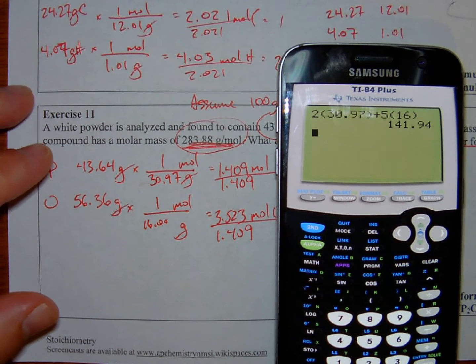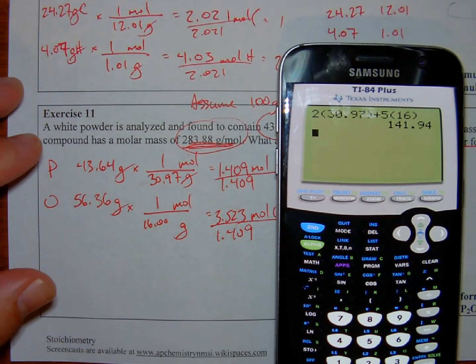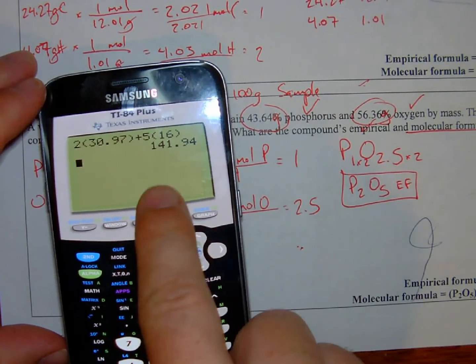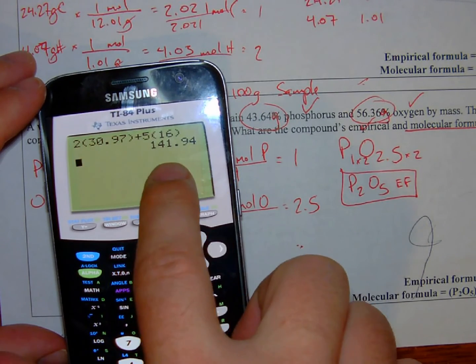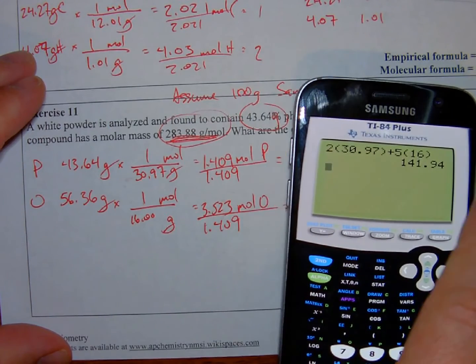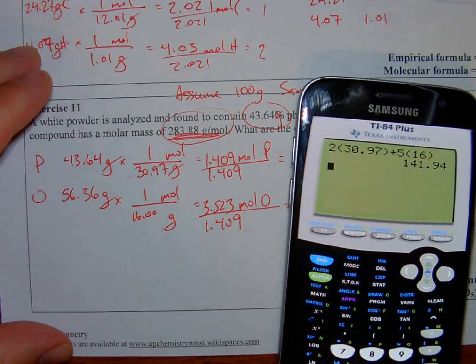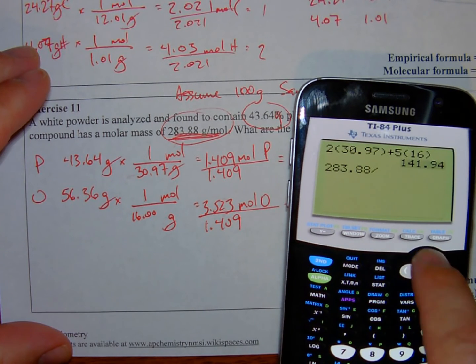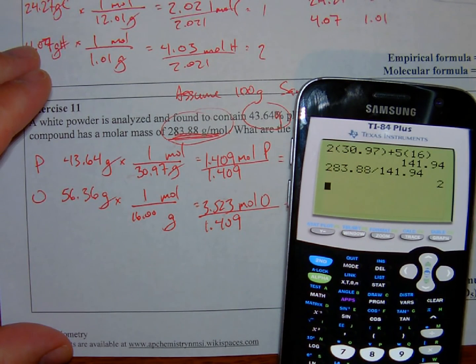I end up with a mass for the empirical formula of 141.94. And so the molar mass of P2O5 is 141.94. But the molar mass of the substance is this. So I need to figure out the relationship between this and that. So I will simply type in that molar mass, 283.88, and divide by the molar mass of the empirical formula. I see that it's 2.